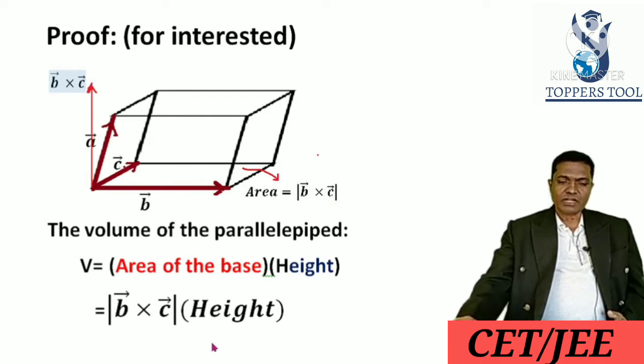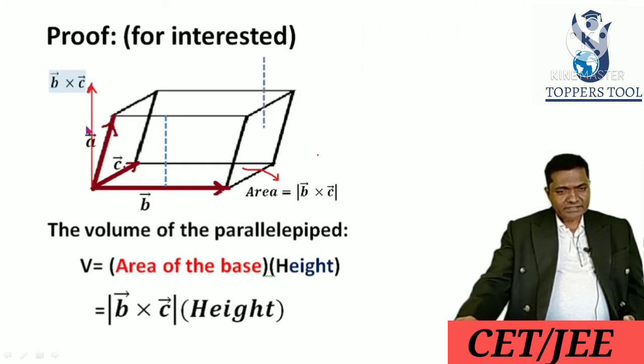Now we want the height of this parallelepiped. If we find the height, then the product of these two gives the volume. The distance between these two parallel sides is the height, from here to here.